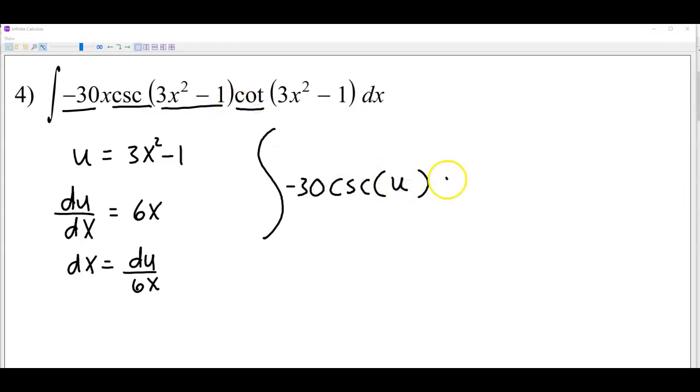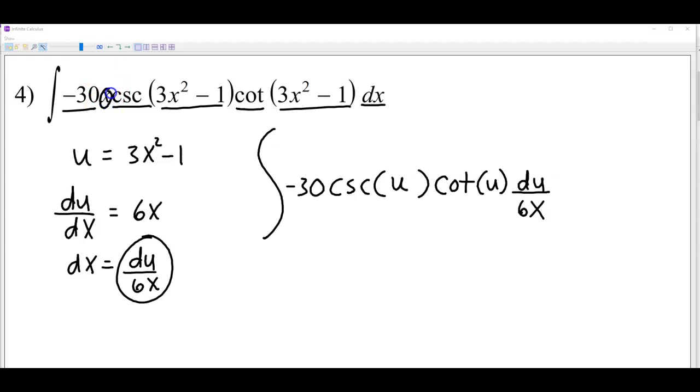Then we have cotangent. And then instead of all that, we're going to have a u there, the same thing. And then instead of dx, we're going to have du over 6x. And I just realized that I left off this x here, so I need to squish that in there.